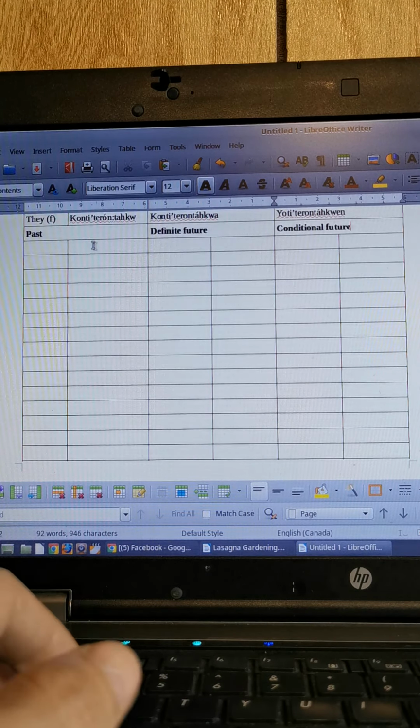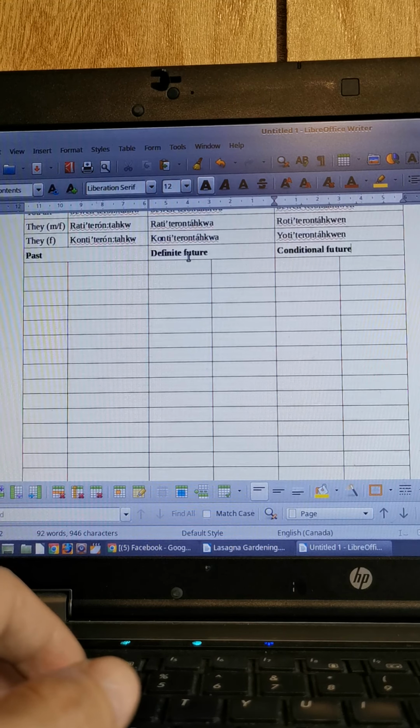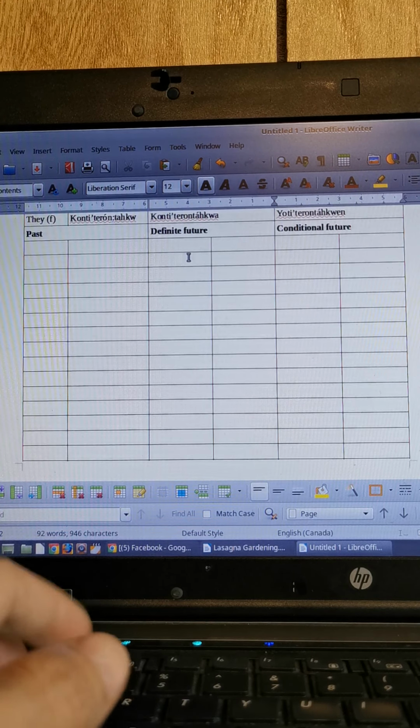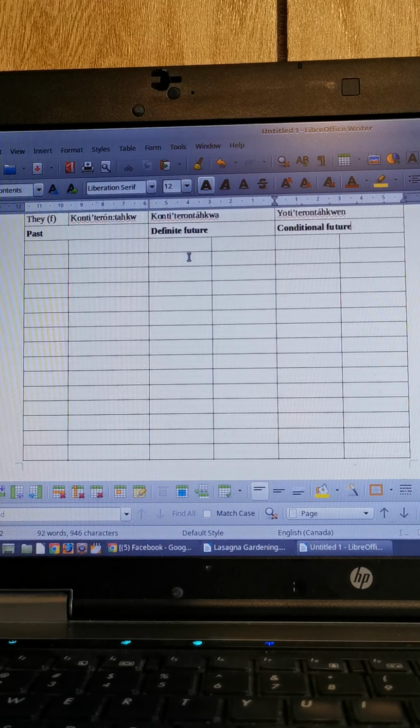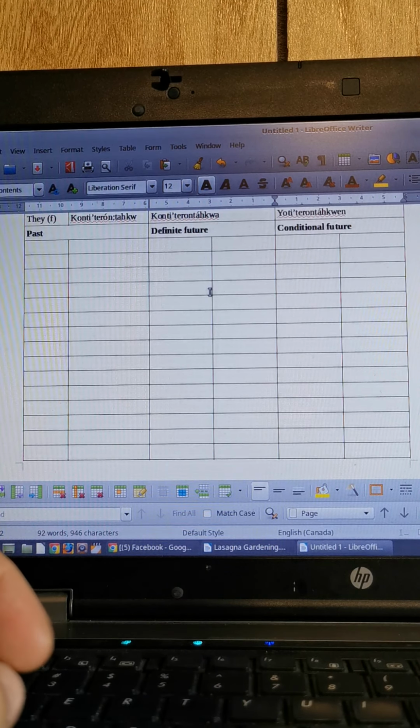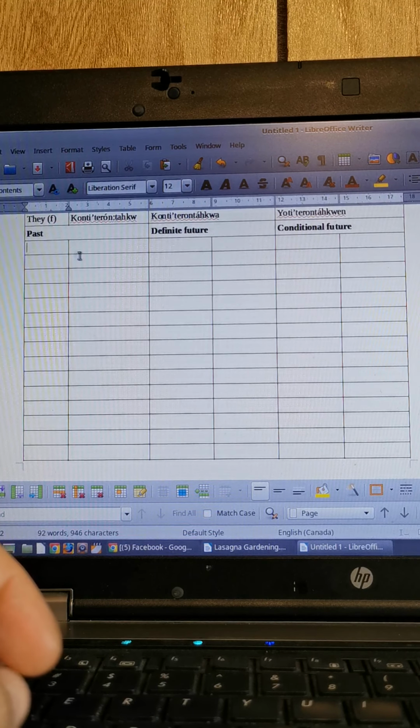Past means you did something in the recent past. Definite future is definitely will do something, and conditional is you might or ought or could, would, should do something. It is also the infinitive that is used.